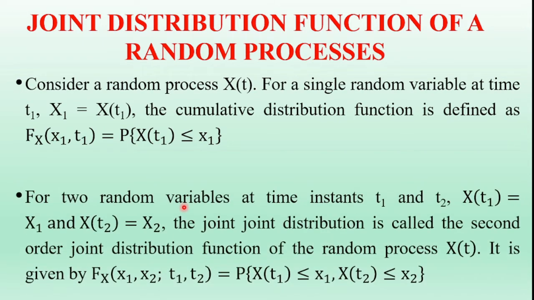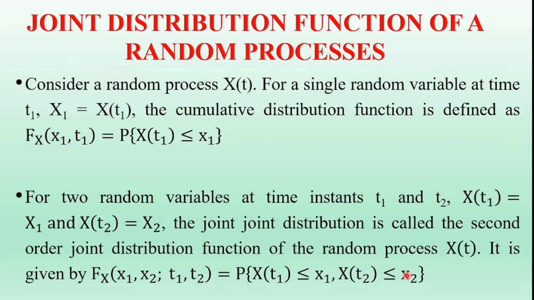For two random variables at time instances t1 and t2, that are X1 is equal to X of t1 and X2 is equal to X of t2, the joint distribution is called the second order joint distribution function of the random process X of t.